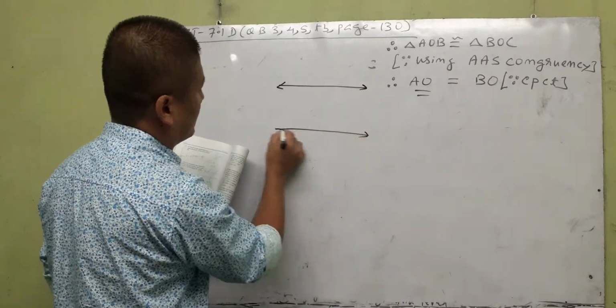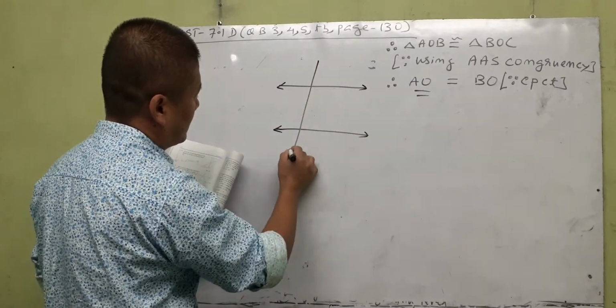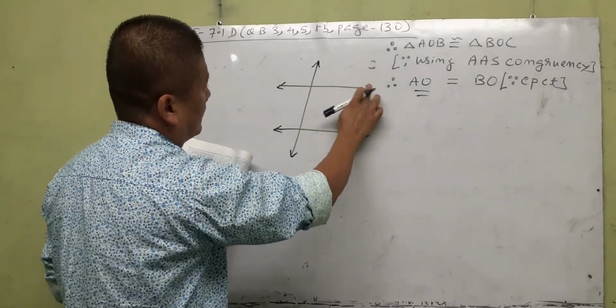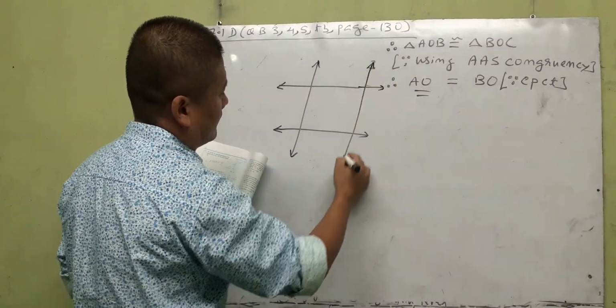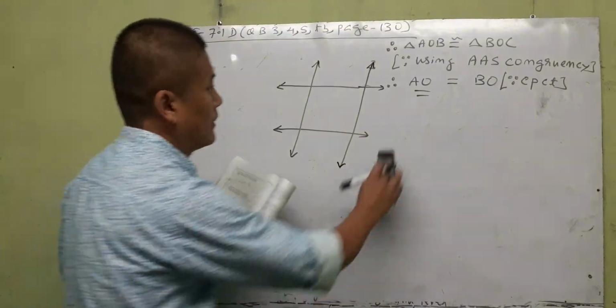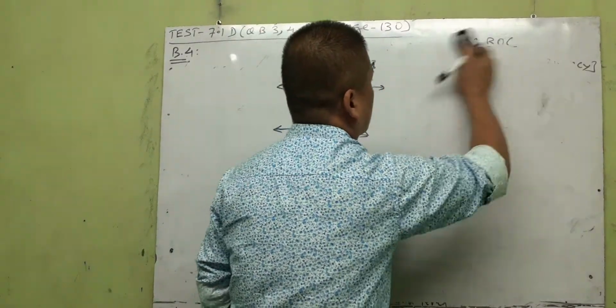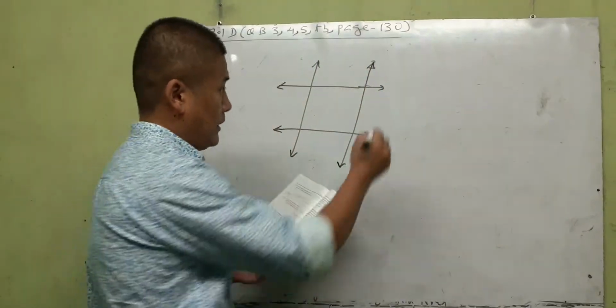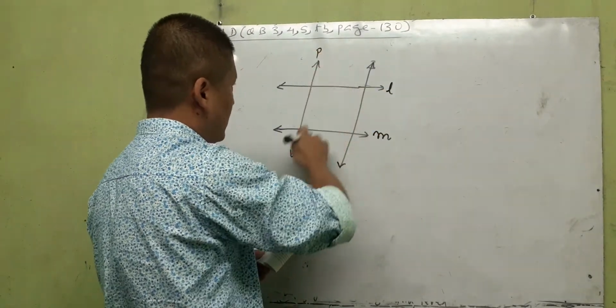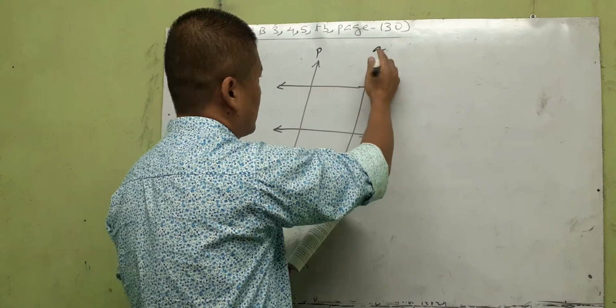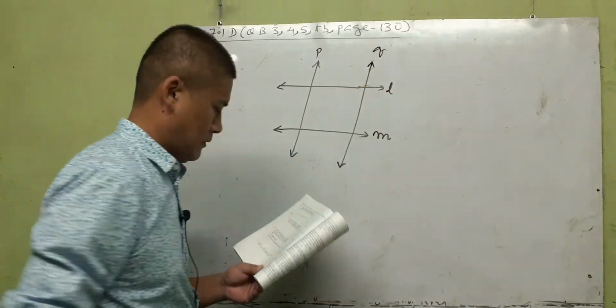Two lines here parallel given. Another one here. Okay, let's make it a little bit longer then. Another one here. And then clearly mentioned as this line is L parallel to M, and this line P parallel to Q. This line is mentioned as Q.